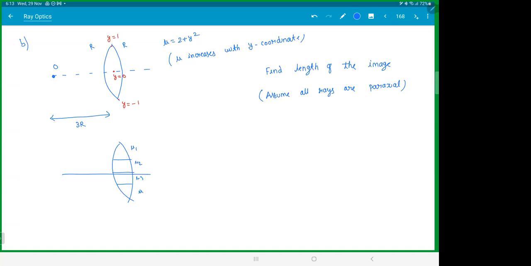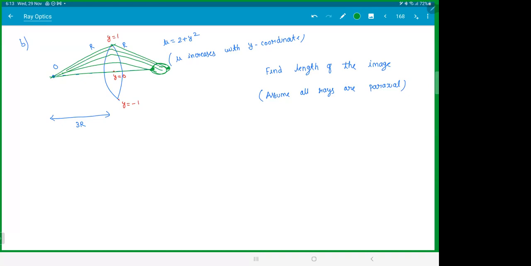How many images will form? 1, 2, 3, 4. Agreed? That means whatever light ray goes here will form one image, and the light ray which goes here will form one image. Means all the images will lie between these 2 points now. Is that making sense?